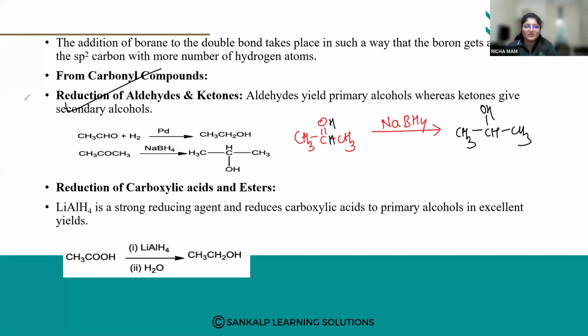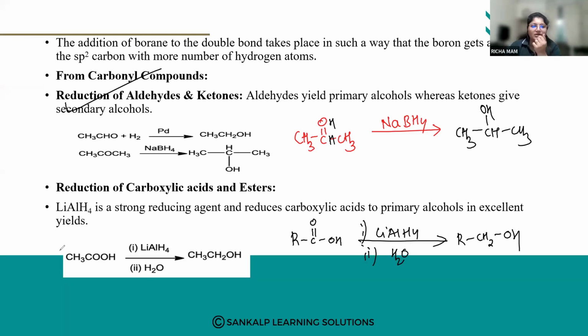Let me take the general RCOOH, this is the carboxylic acid. I am going to use lithium aluminum hydride, followed by hydrolysis. So what am I going to get? I'm going to get an alcohol.